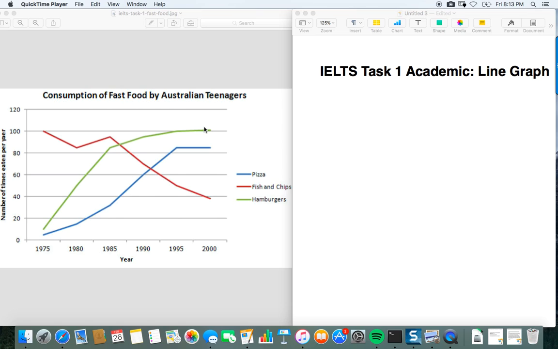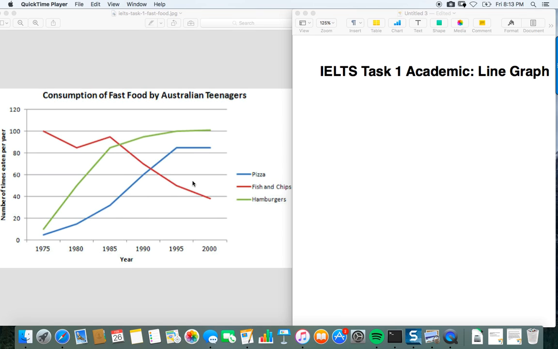Now, this is good, but this doesn't tell you the overall picture. That's the one thing you need, is overall, what is the trend? Now, yes, that's true. Fish and chips was the most popular and pizza and burgers were not popular.